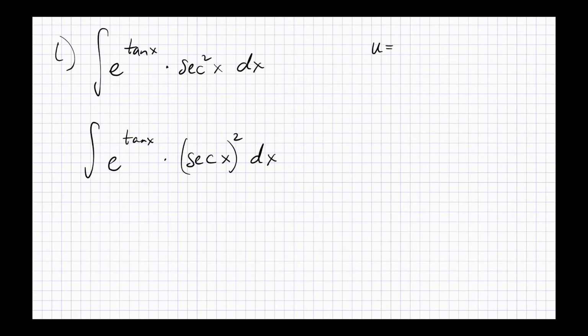Okay, so let's look at secant squared, right? Let's try secant squared. So we're going to focus on this guy here, right? Okay, so let's make that u. Secant of x, right? So my next job is to do du, right? So let's do du. What is the derivative of secant going to be? It's been a while since we've done it.